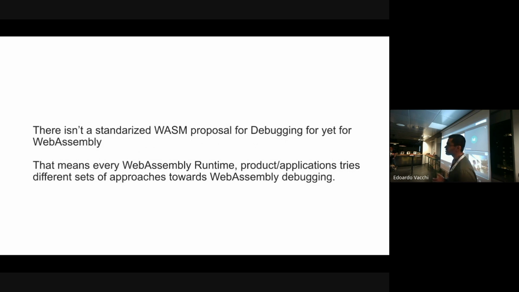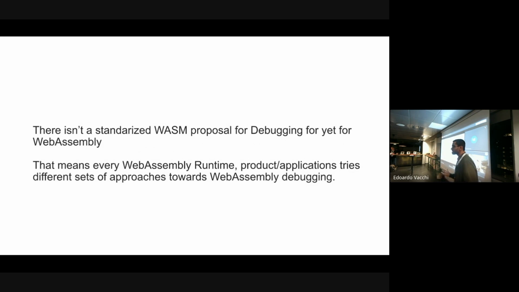Essentially, what that means is that every single WebAssembly runtime has adopted, or is trying to adopt, its own implementation of debugging, whether it's through command line debugging, using printf, or using your standard debugger or LLDB.